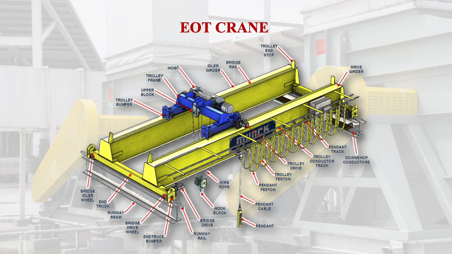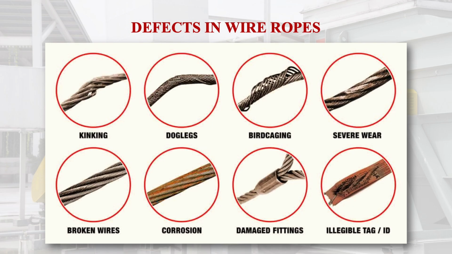And the next important feature is the wire rope. This is a very neglected area, especially in developing countries, where wire ropes of EOT cranes are not being checked frequently. Whenever there is a task, especially for lifting a heavy load, the wire rope should be checked for its sound health, because if one or two strands come out, you can continue to use it.